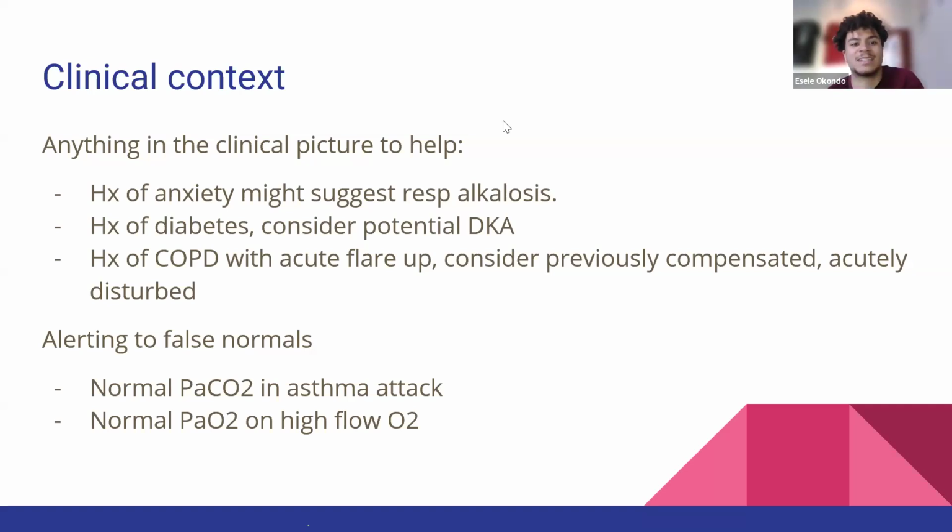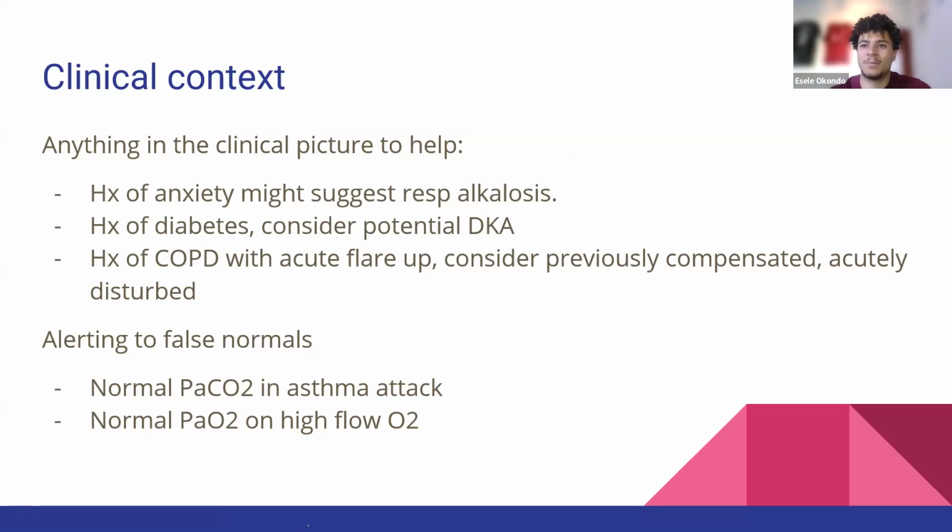A history of anxiety might suggest respiratory alkalosis, because this happens due to hyperventilation, and that leads to breathing off excess CO2, which will then increase your pH. Like some of you mentioned, in diabetes, think DKA. In COPD, you can get an acute on chronic presentation.